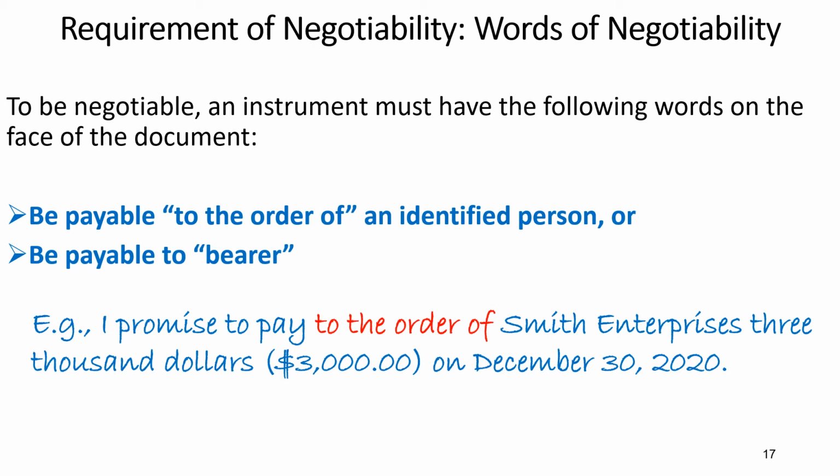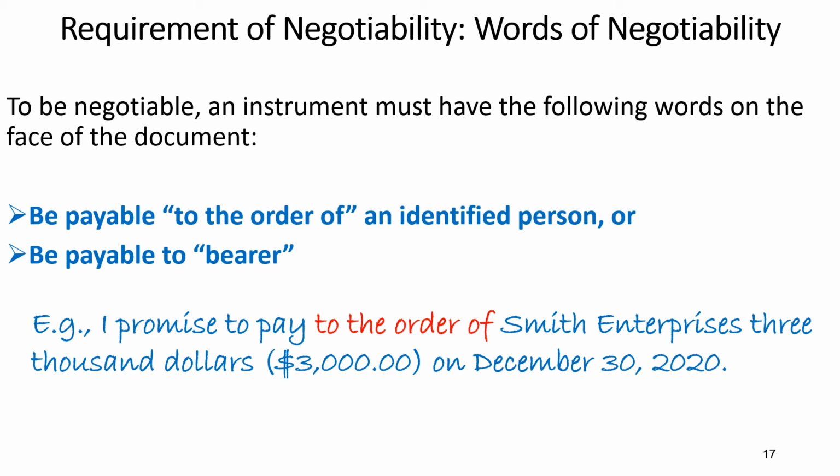When I put the phrase "to the order of" in this document, it enables Smith Enterprises to take this instrument and sell it to a third party. Instead of waiting for me to pay Smith the $3,000 on December 30th, if this instrument is negotiable, Smith Enterprises could sell it to someone else right now for a discount. They could sell it to a third party to finance things.